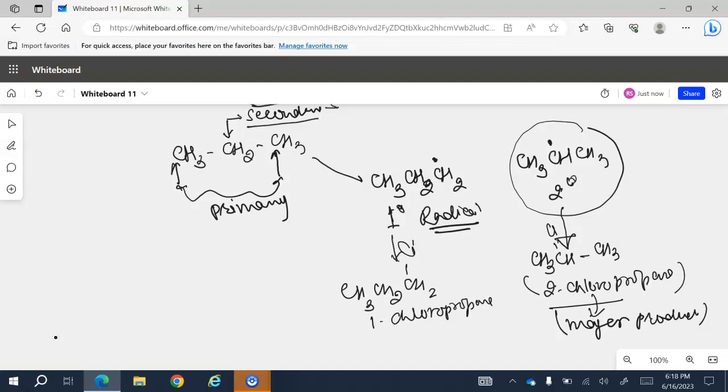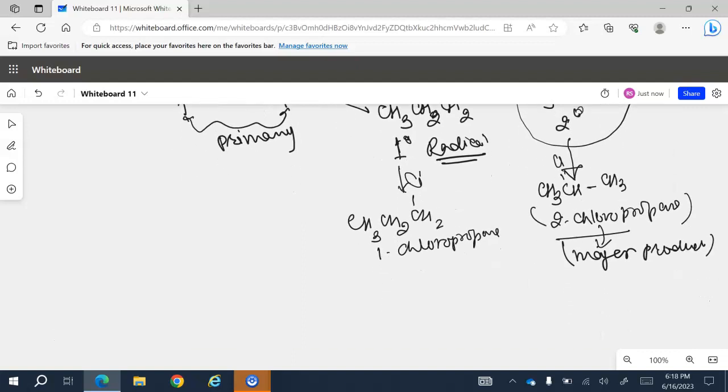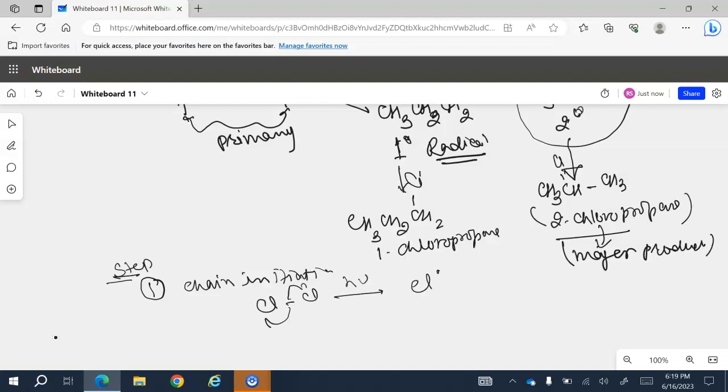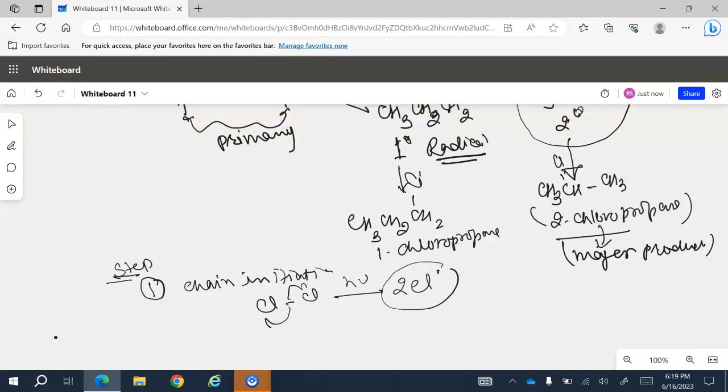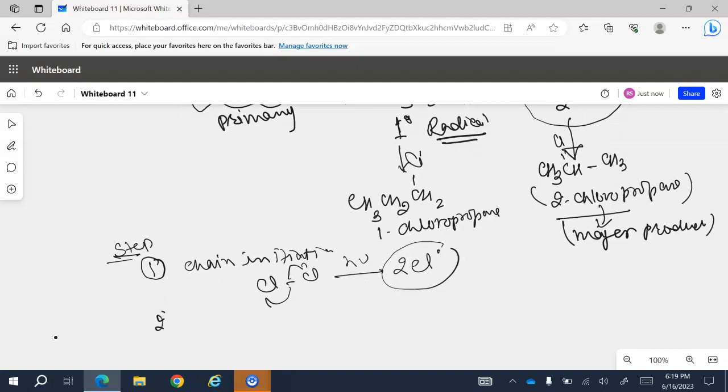Again, if we need to discuss the mechanism of that, we can proceed in the same way. Step 1 is chain initiation. That is when chlorine undergoes homolytic cleavage in presence of sunlight to generate the chlorine free radical, and that chlorine free radical triggers the formation of the primary or secondary radical. The second step we call chain propagation.